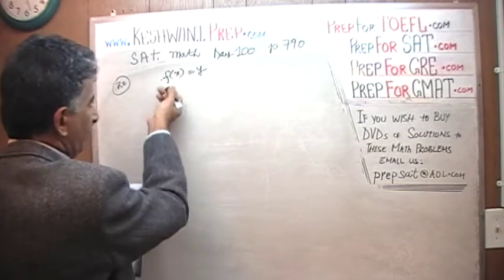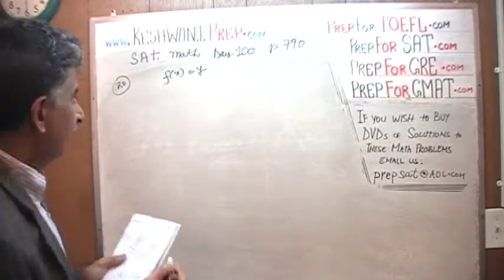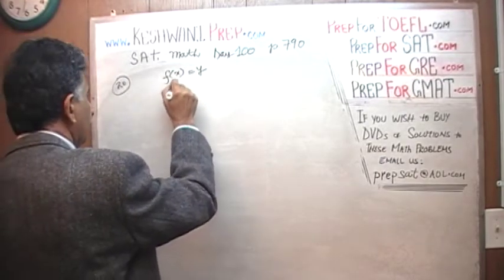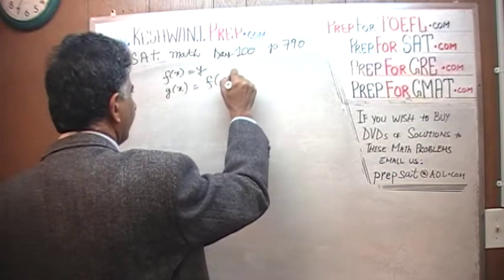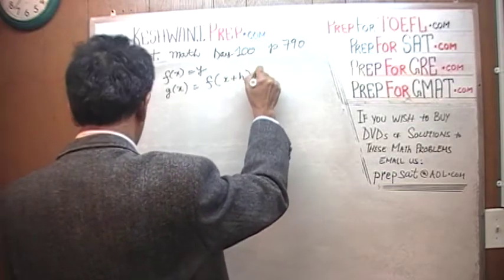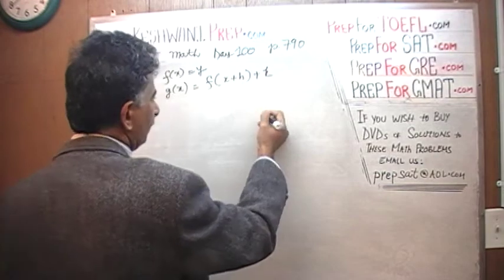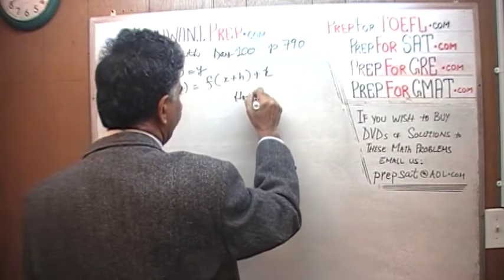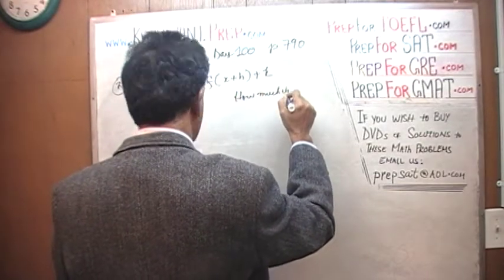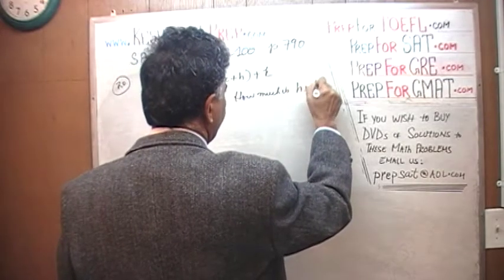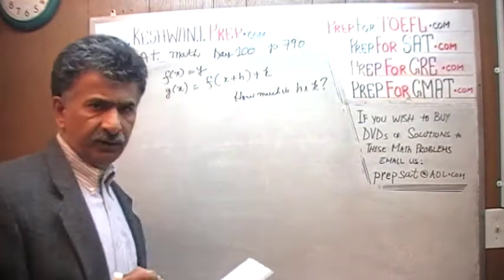This original function is called f, and here's our new function, which is g of x, which is f of x plus h plus k. And the question simply is, how much is h times k?